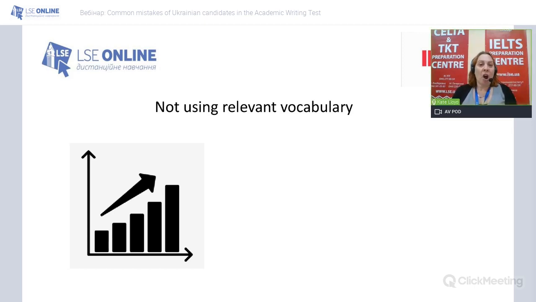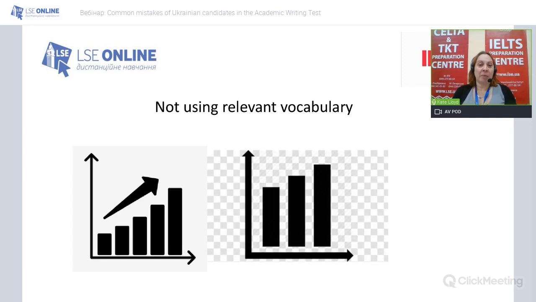But it's not okay just to have one type, because a bar chart can show comparison between different categories. And when we have this, we need comparison language. This we're usually okay with because you study comparatives in your English classes, so we know how to say much higher than, by far the highest, things like that.